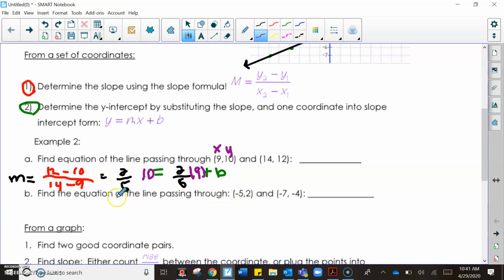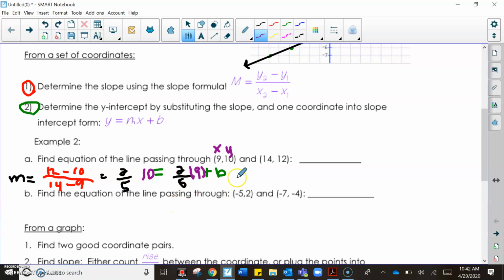So that's right, 12 minus 10 is 2, 14 minus 9 is 5. Okay. So I'm going to get 18/5 because 2 times 9 is 18. So 18/5, and it's adding, so I'm going to subtract. So I'm going to say 10 minus 18 divided by 5.